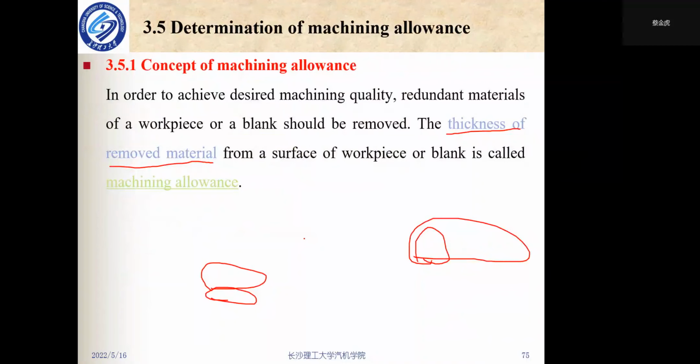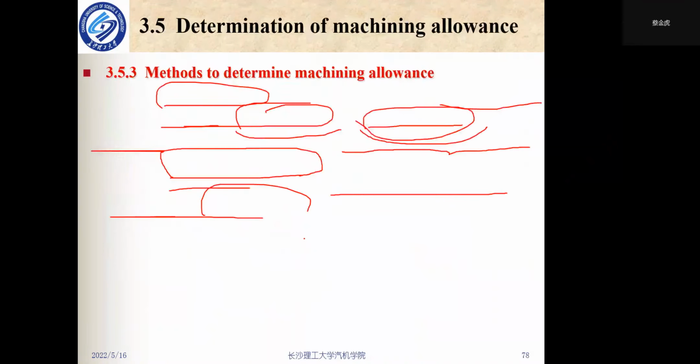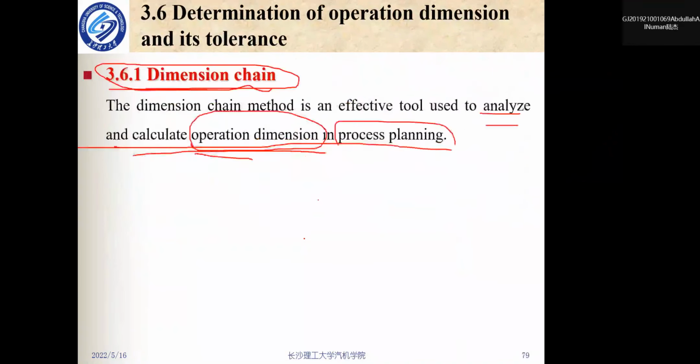I have a question. How can I be sure which one is the decreasing link and which one is the increasing link? Maybe you can see it clearly in the last example, the calculation one.